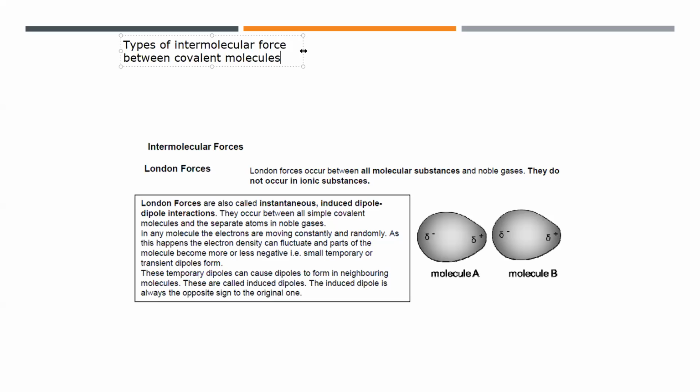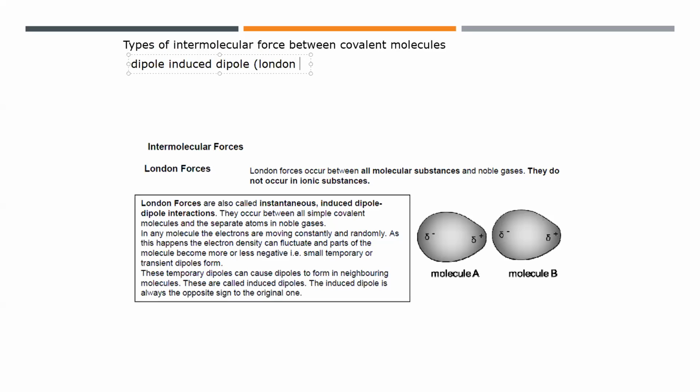Number one is known as dipole-induced dipole, or you can also say London forces or weak van der Waals forces. Many names are used for these forces. Van der Waals force you can also mention.